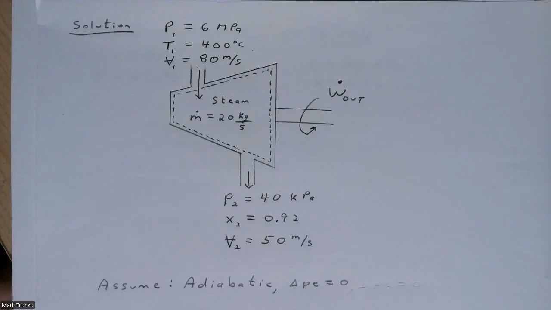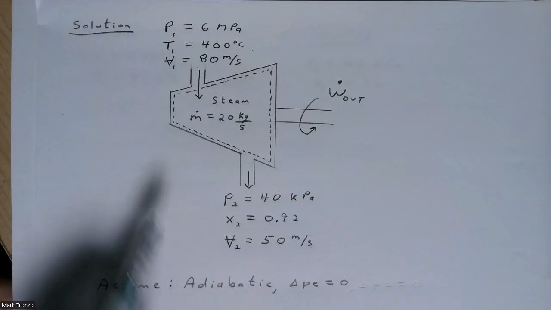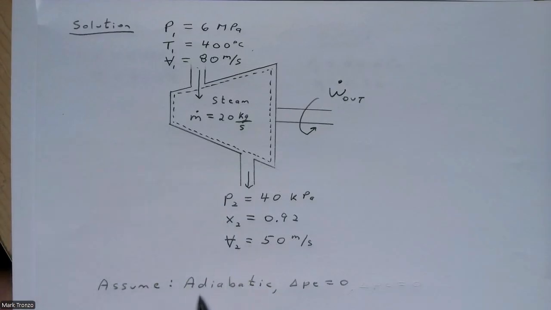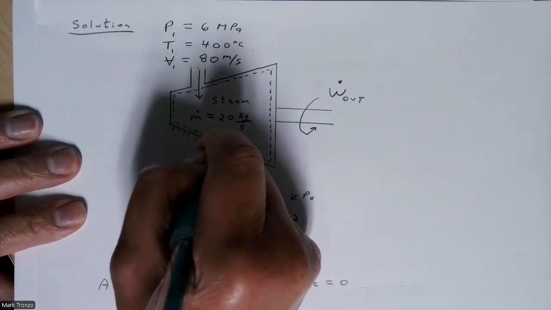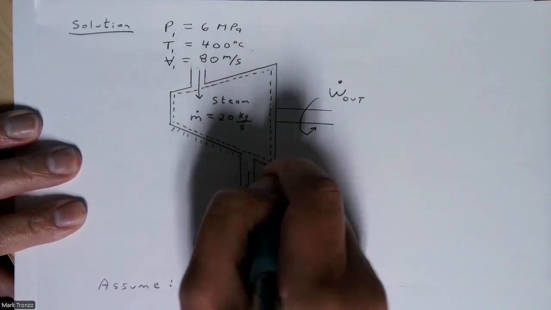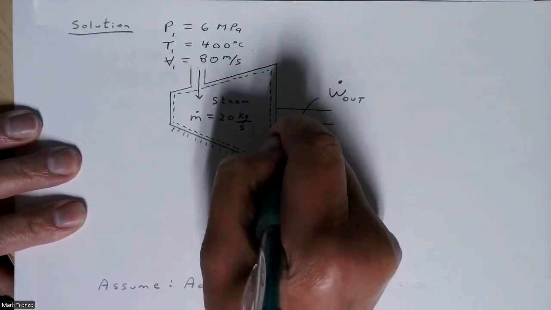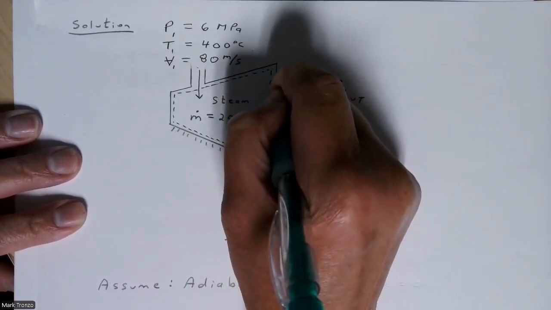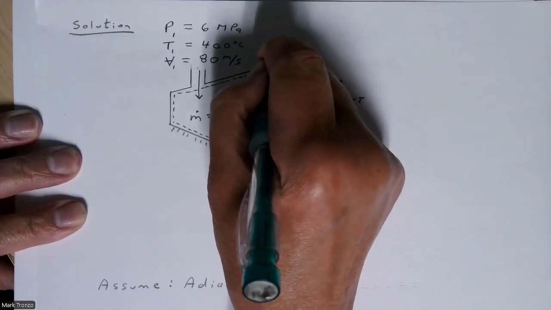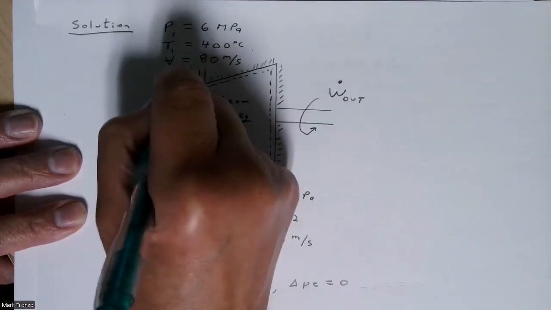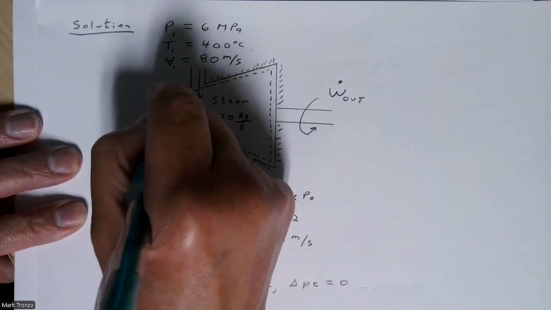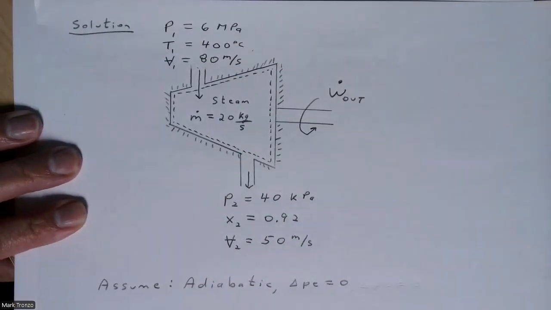So we have a picture something like this. And we can assume that our system is adiabatic, no heat transfer, so we could actually show it is insulated around here, like this.